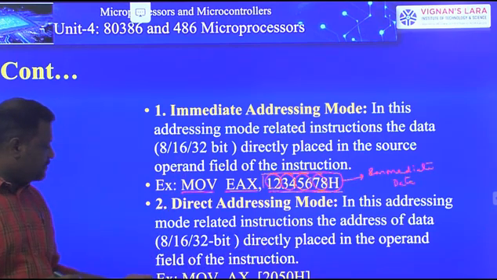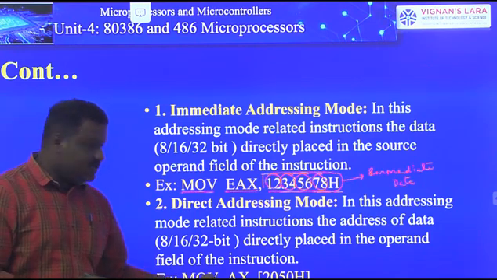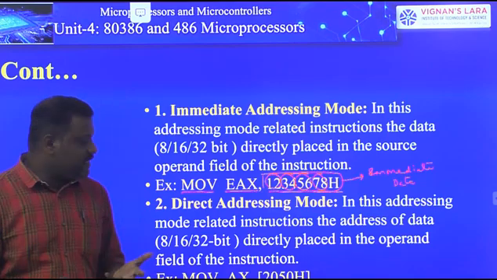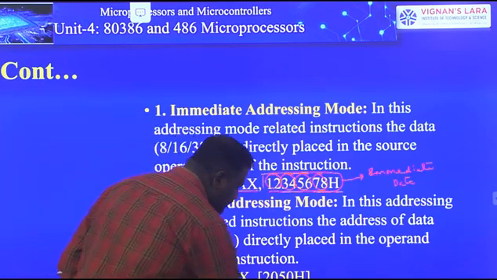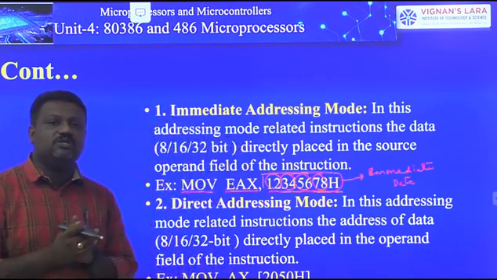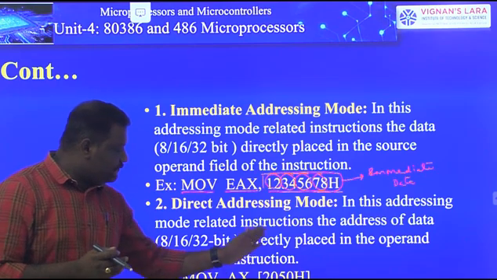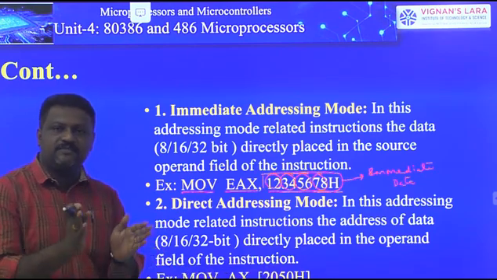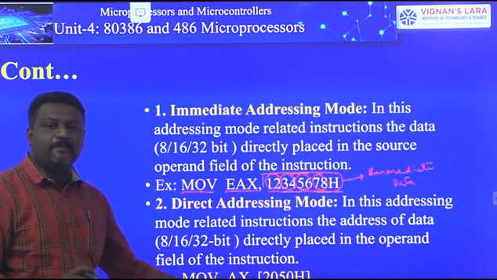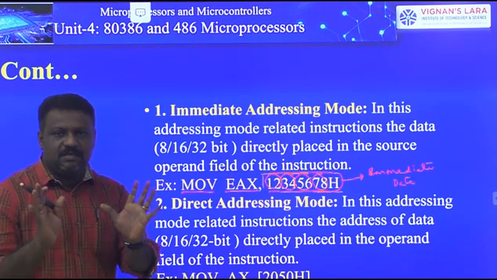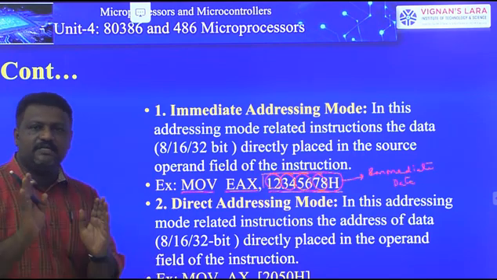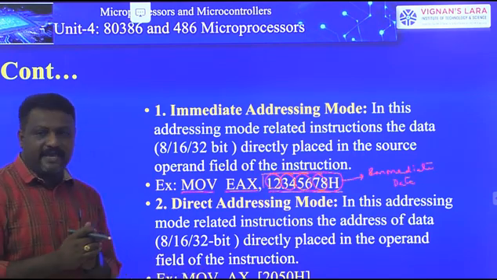Coming to an example, MOV AX, [2050H]. Here I am mentioning the address of data which is at 2050H. From that location I am going to access 16 bits of data and copy it to the AX register. Listen, friends, the important thing is that my destination is a 16-bit register, which is AX.